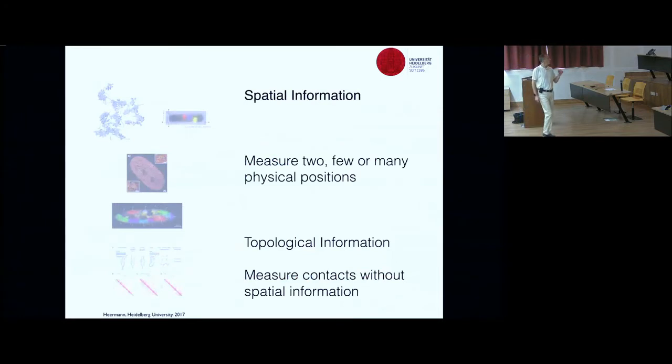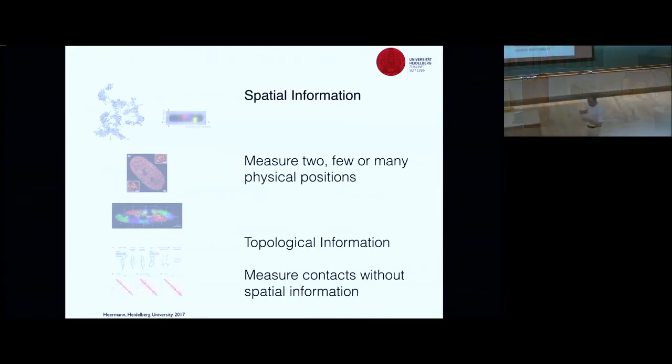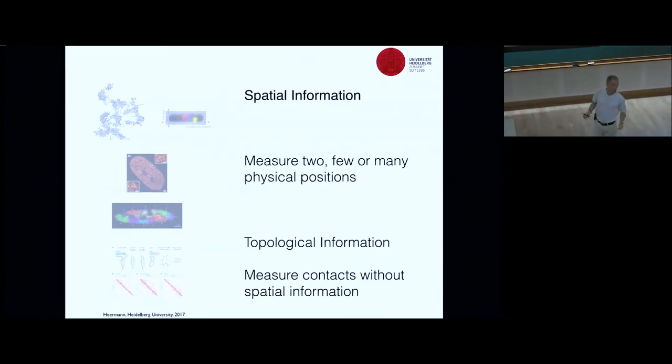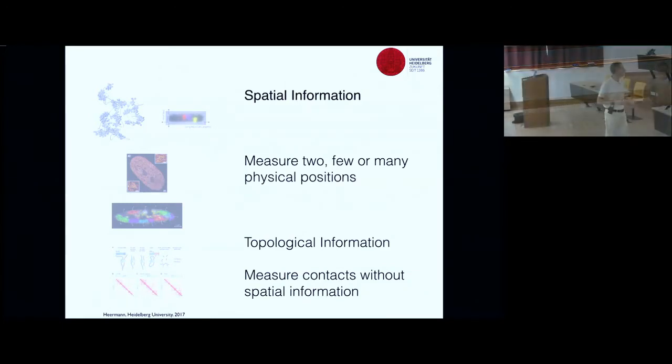So we have now 2 kinds of information. On the one hand, we have this physical information where we know what the distances are, so we are in metric space. On the other hand, we have this topological information, because nearest neighbor contacts can happen anywhere in space, so you have no idea where they happened. So it's just topological information. You need some kind of an embedding, which then maps this back into space.